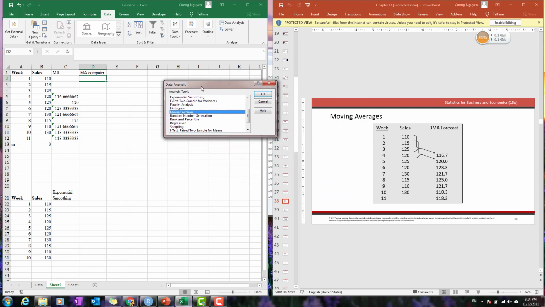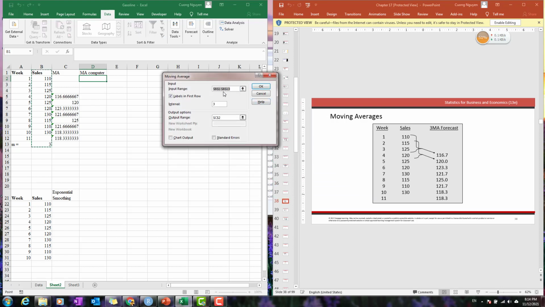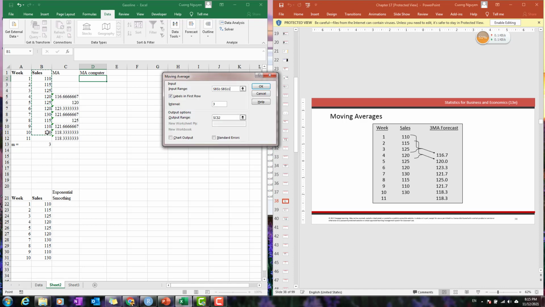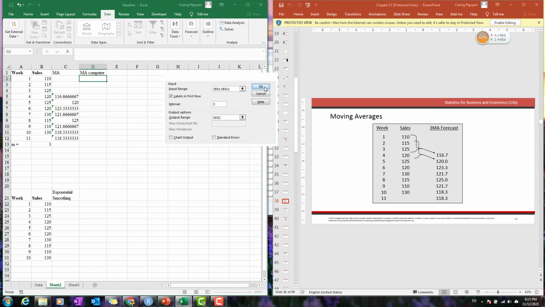In the window you can easily select the data. Over here I have the original data from week 1 to week 10, and remember to put the label in the first row. I want the moving average of 3, so I put 3 here. Then I select the output range, wherever you want, and say okay.